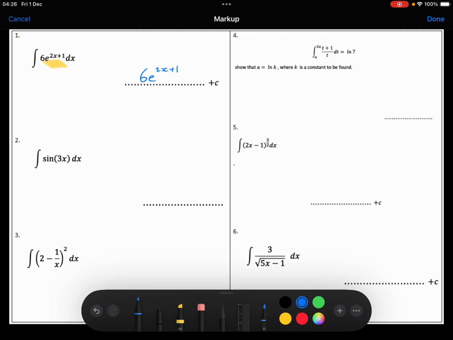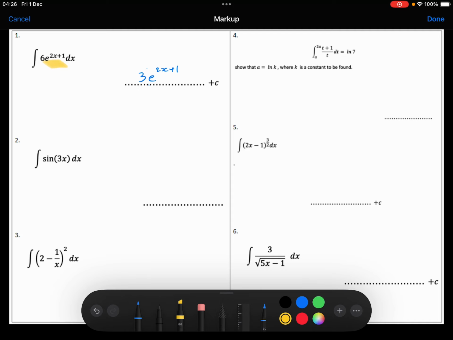So we've got 6 of those, but because of the 2 on the inside there, we do need to divide by 2 because of the reverse chain rule. And the 6 divided by 2 is 3. So our answer is going to be 3e to the 2x plus 1 plus c.